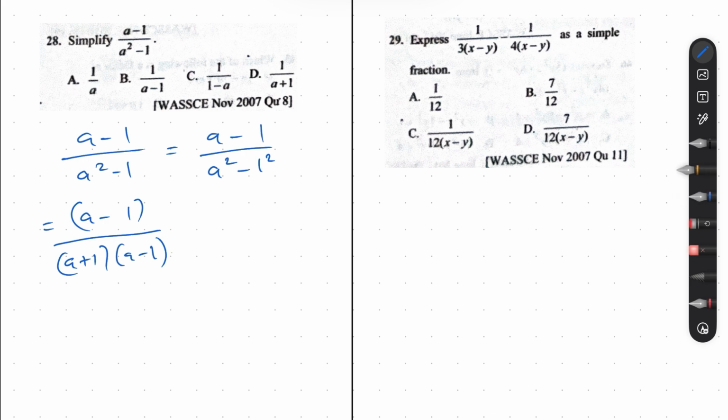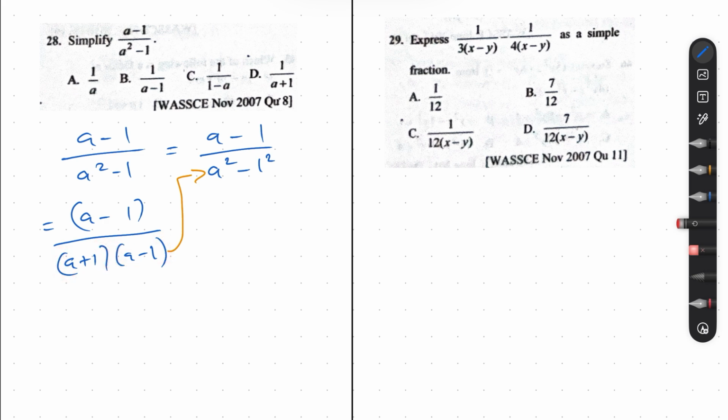This is the same as this, because that is a difference of two squares. Now the numerator is a minus 1, and the denominator is this multiplying this.